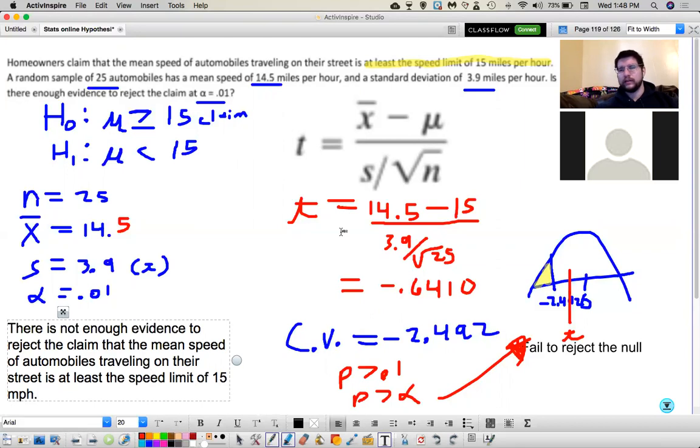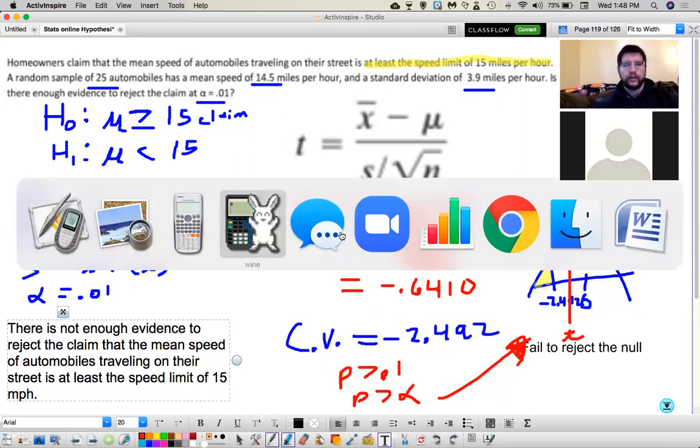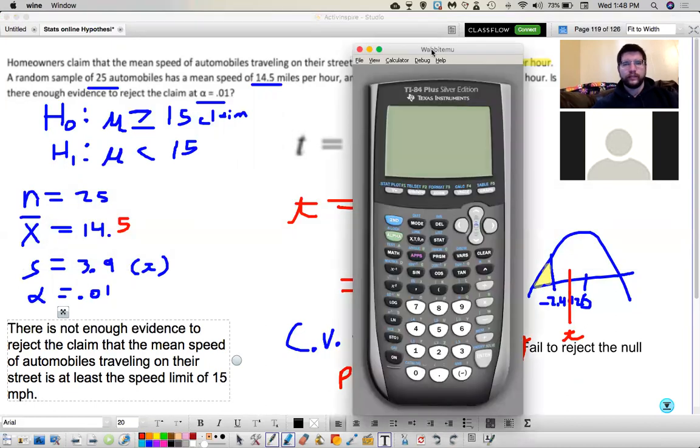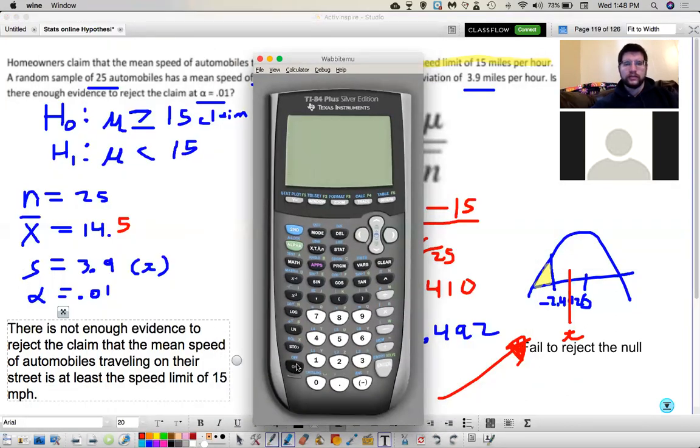I will do the t-test on the calculator in just a second. Let me know if you have a question while I do that. So TI users, pretty similar process. Instead of selecting number 1, you're going to select number 2. Still have statistics. Mu is 15. X bar is 14.5.